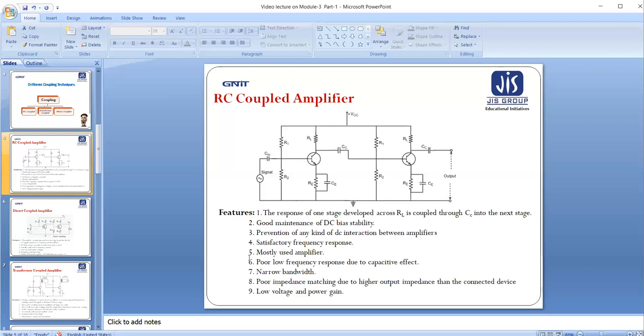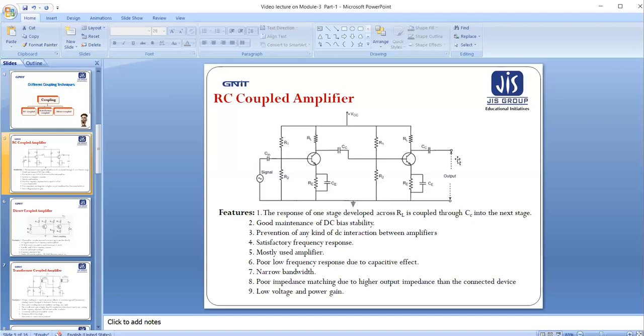Next is the output resistance, because the output load RL of this RC coupled amplifier is sufficiently higher than any other device connected at the front end. As it is specially used for audio amplifiers, if we connect a loudspeaker, it has an impedance in the ohm range, whereas this load resistance is in the order of kilo ohms, so it's much higher. The loudspeaker has very few ohms, but this resistance is in the order of kilo ohms or hundreds of ohms.